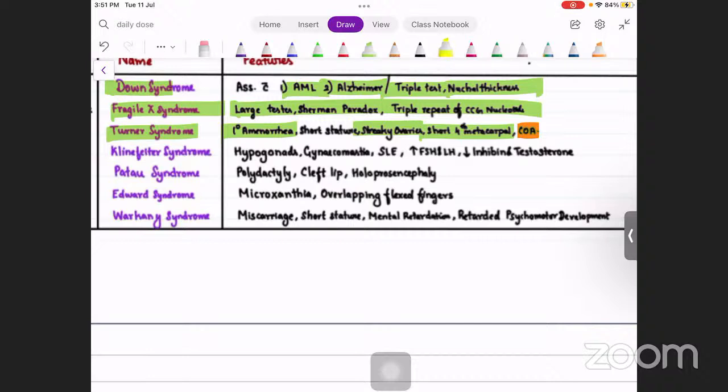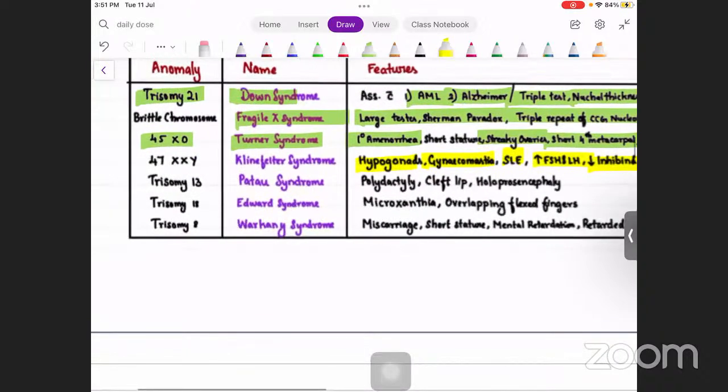Klinefelter: hypogonadism, gynecomastia, SLE, increased FSH and LH, and decreased inhibin and testosterone, while the genotype is 47,XXY.